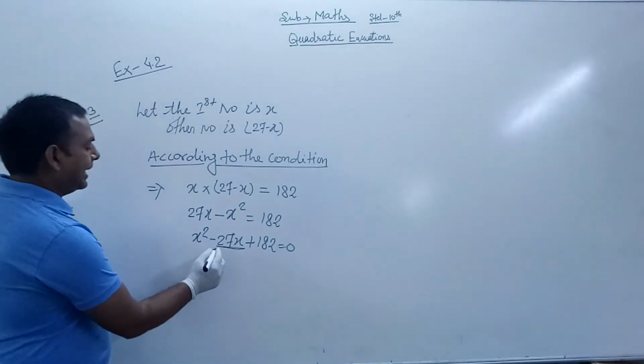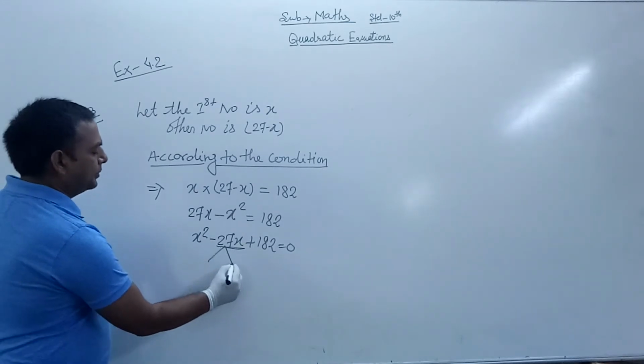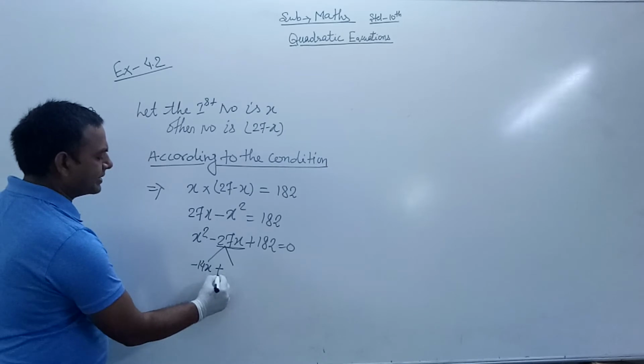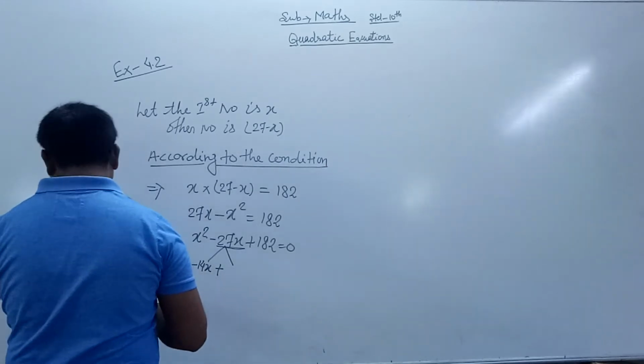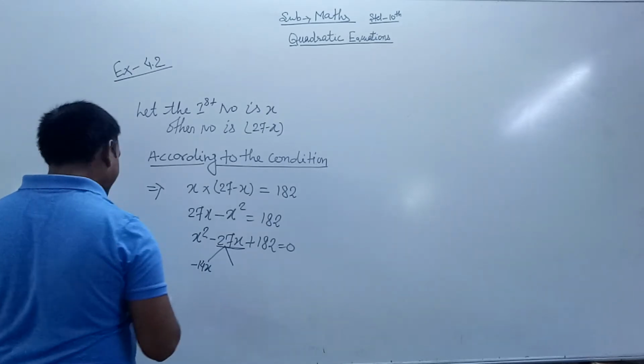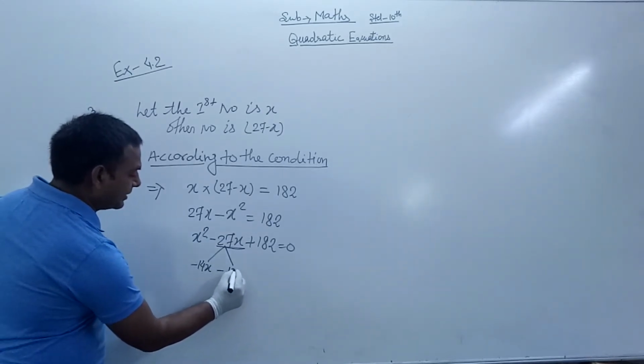Okay, so I split it into minus 14x and minus 13x. One is minus 14x, another is minus 13x.